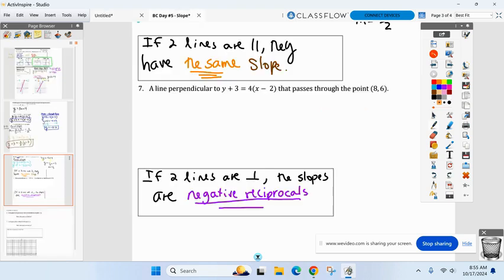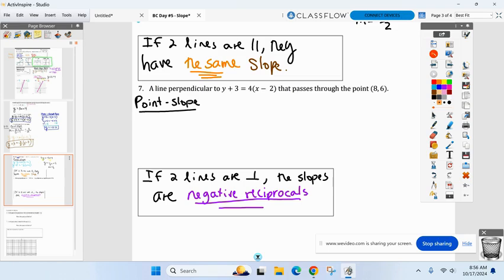All right, let's see if we can do this one. A line perpendicular to this one that goes through the point 8,6. Probably point slope again because I'm giving a point, right? So I have the point 8,6. What I don't have is the slope.